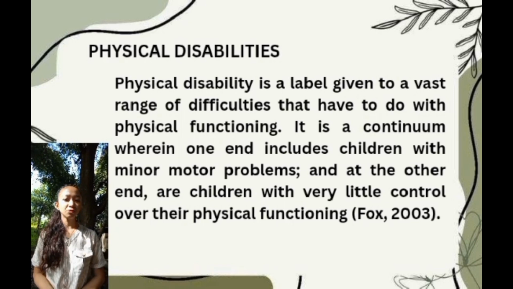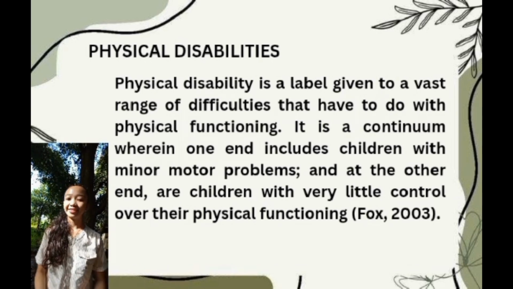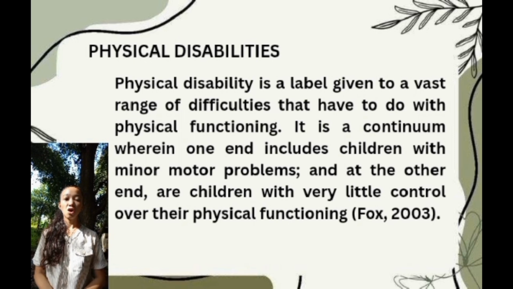It is a continuum wherein one end includes children with minor motor problems, and at the other end are children with very little control over their physical functioning. These are according to Fox 2003.